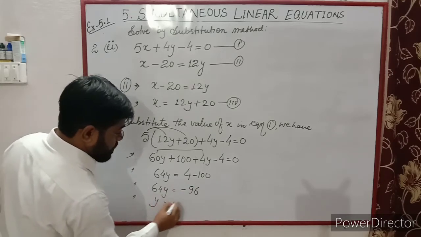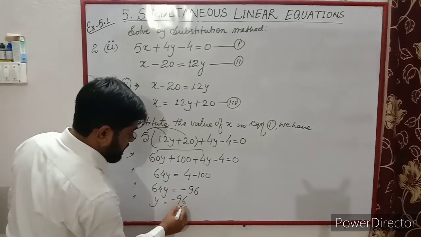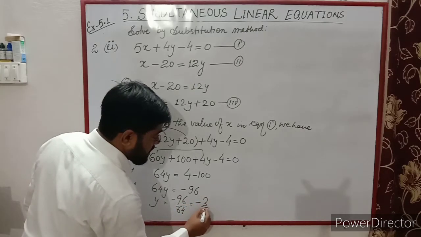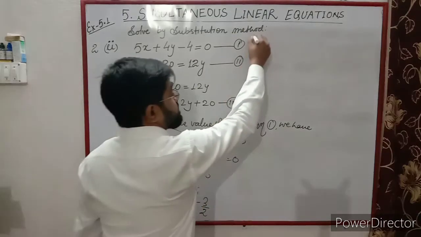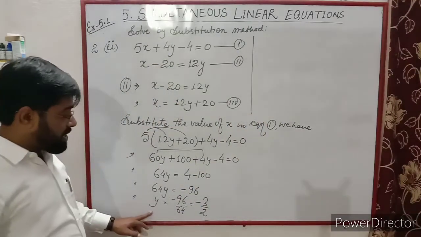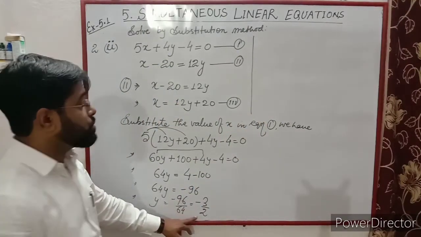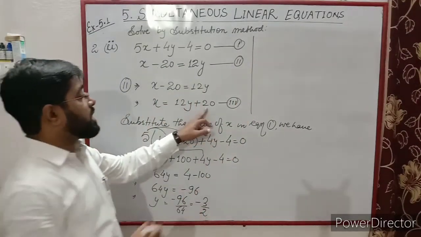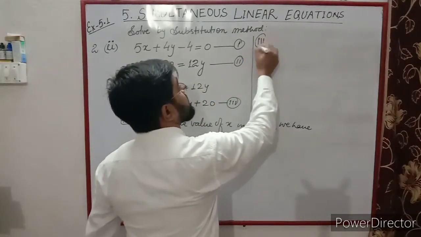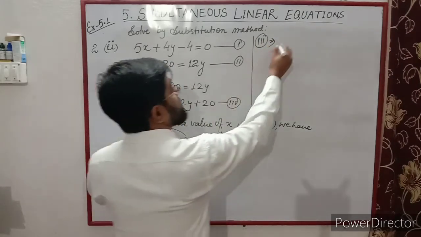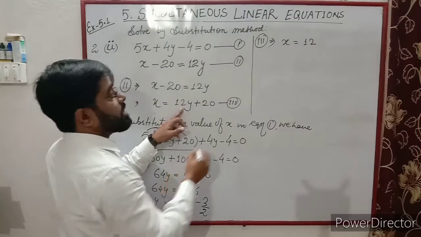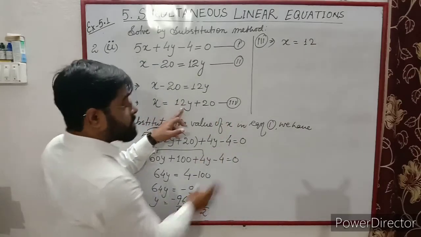Now y is equal to minus 96 by 64. After cancellation we have minus 3 by 2. So the value of y is equal to minus 3 by 2. Now substitute the value of y in equation third. So third implies that x is equal to 12y plus 20. The value of y is minus 3 by 2.